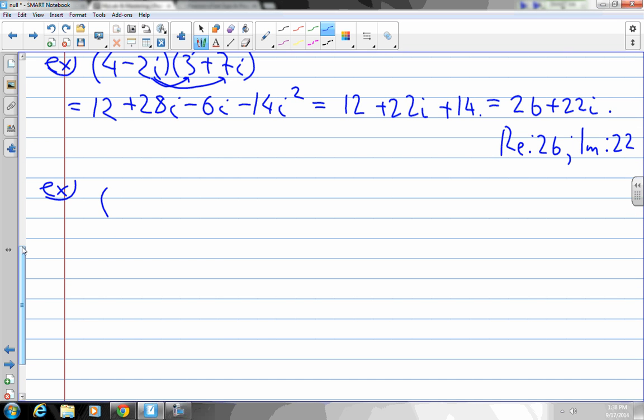How about this? 3 plus 5i quantity squared. How would we perform that computation? Write it out, FOIL it, or use the formula. The double product, we should be able to use it more frequently. So remember how it goes?